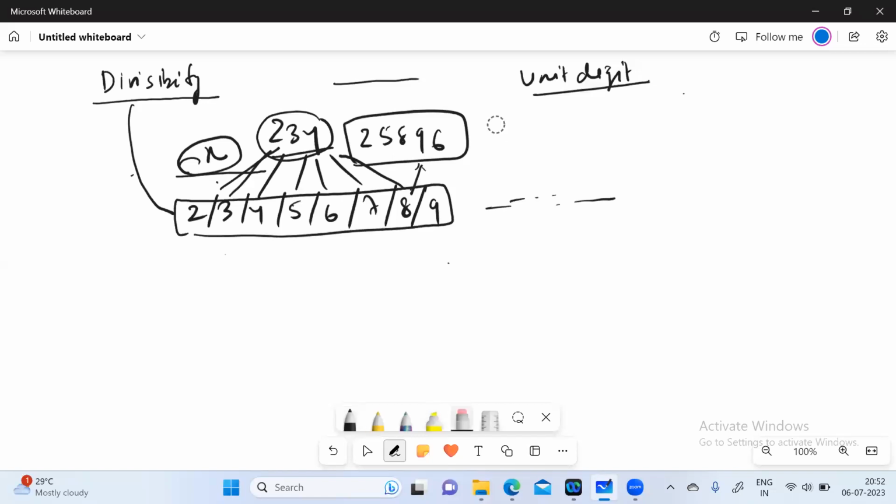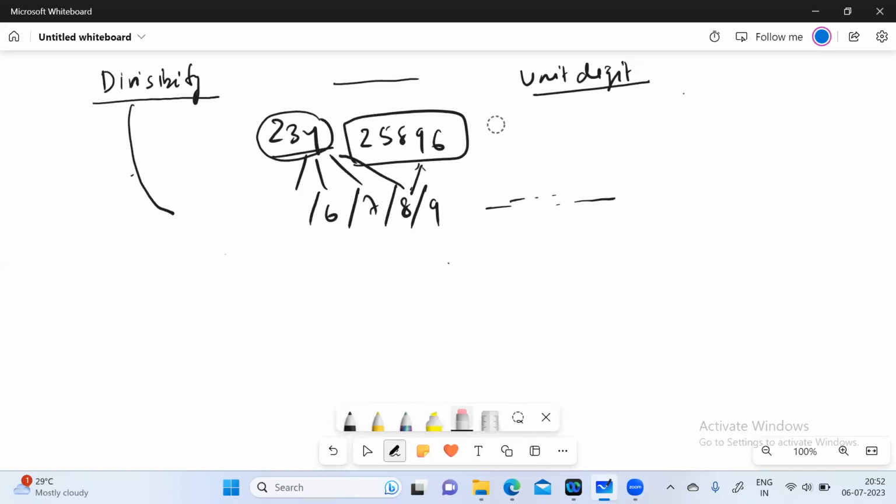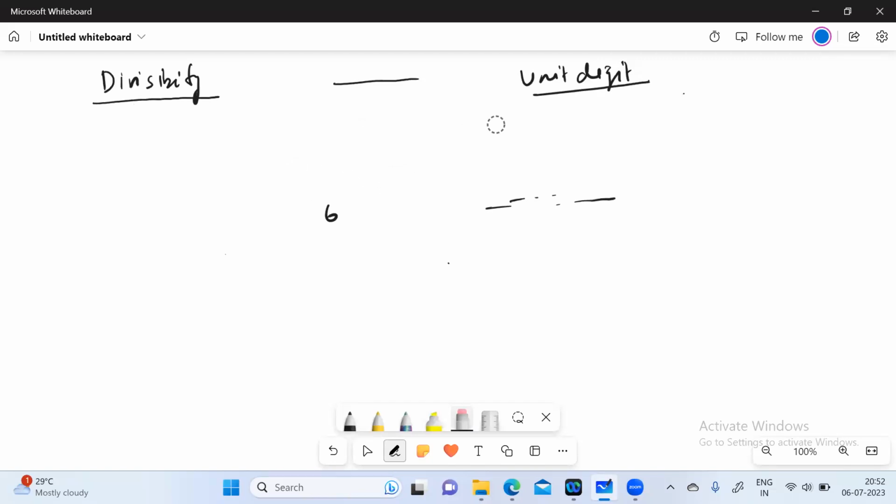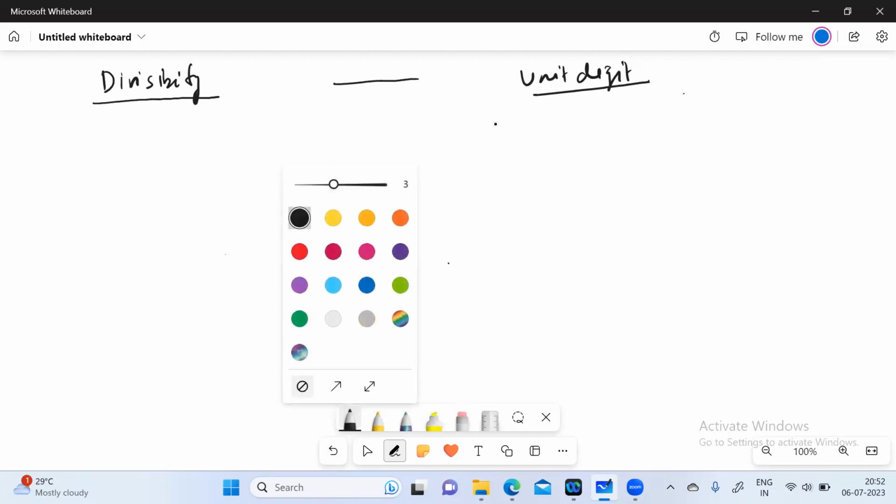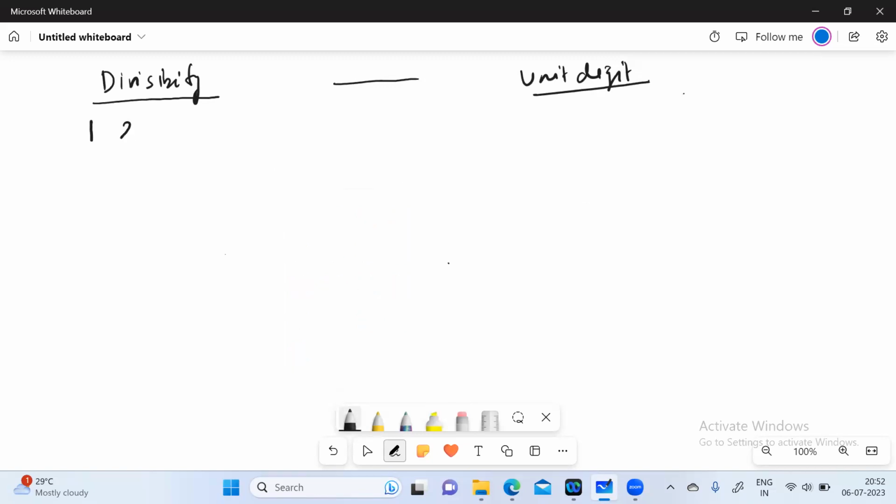First of all, let's see how a number gets formed, how we make a number in our decimal system. I have explained this in our previous classes that we use a decimal system, which is like this: 1, 2, 3, 4, 5, 6, 7, 8, 9.